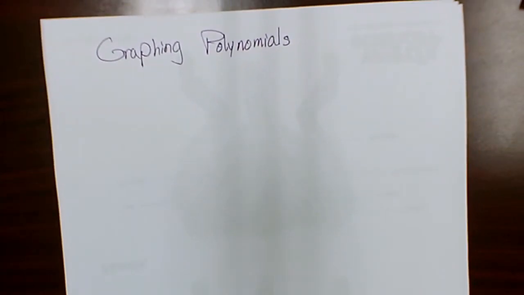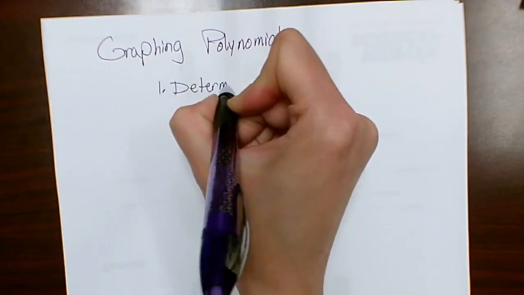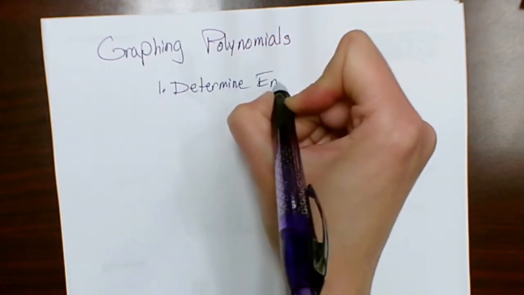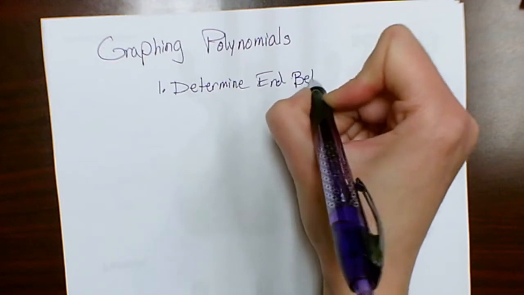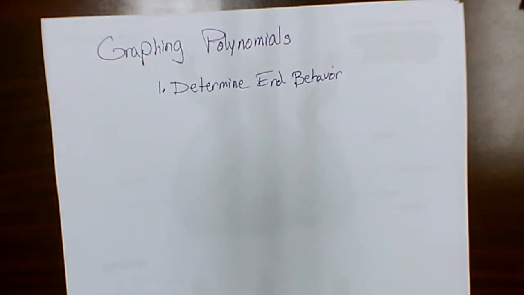Polynomials. And this goes for the other way, the non-factoring way. But in this case, we will determine the end behavior. And we're really going to just sketch these graphs.